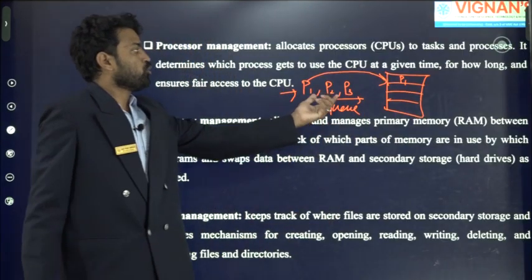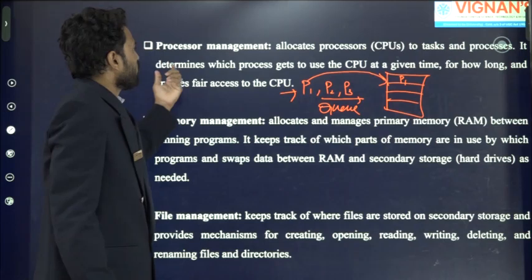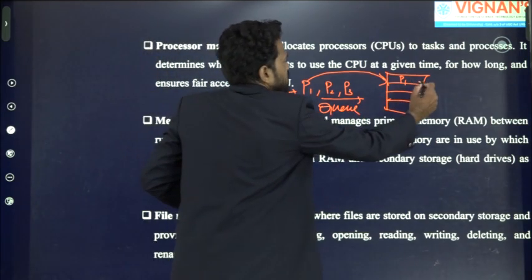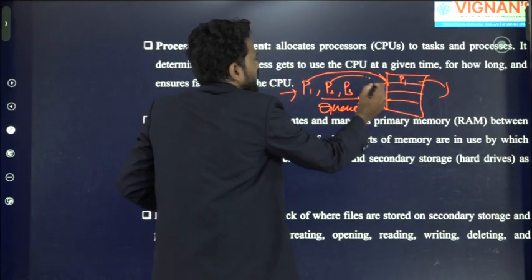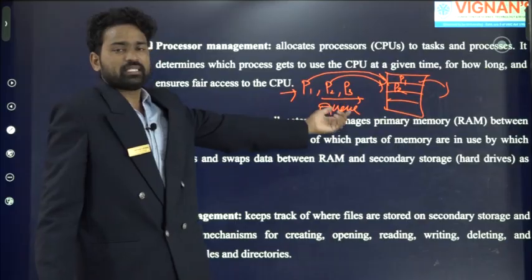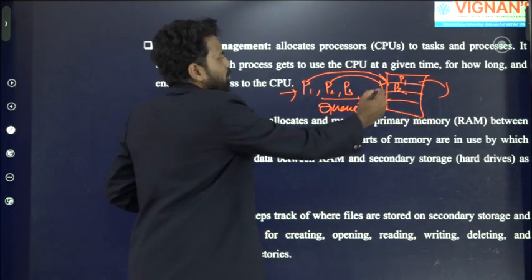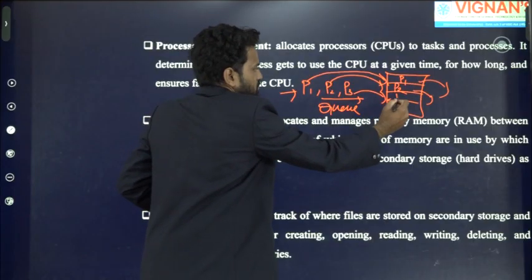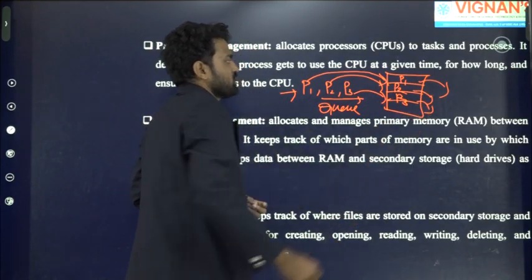Whenever P1 has completed its process, it will leave the CPU, then P2 enters the CPU, and P3 is in the queue. After completing the execution of P2, P3 is going to access the CPU and complete its time.